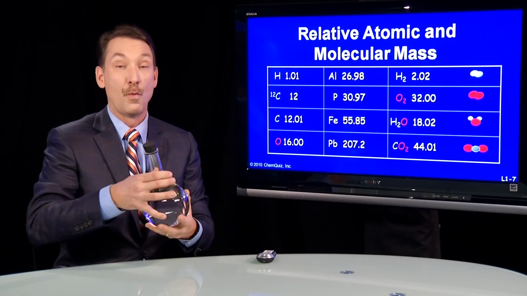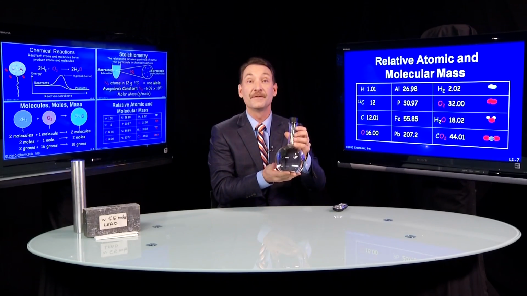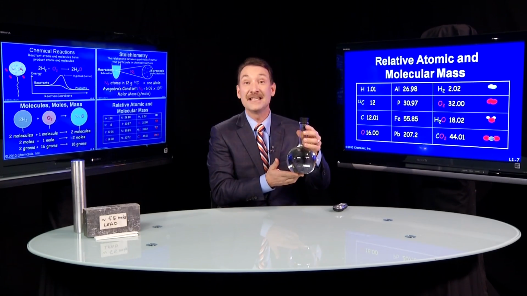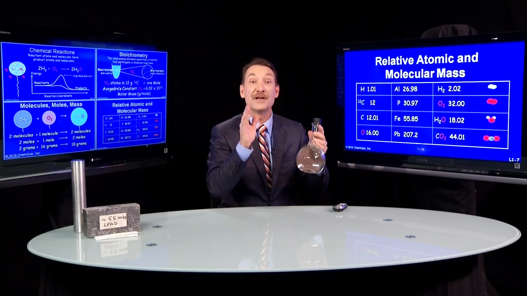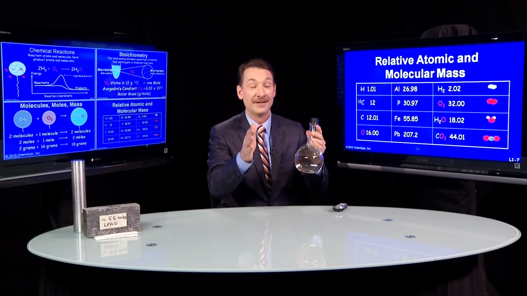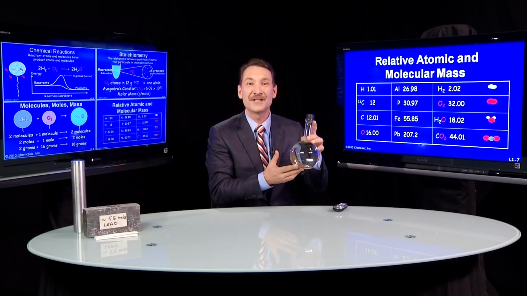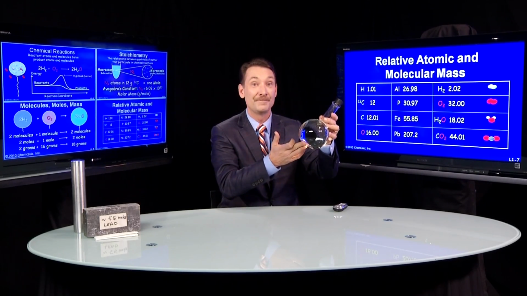Here's water. Now, water, 55 moles, is 55 times 18 grams of water. But the cool thing is, here's 55 times 18 grams of water, and I know how many particles are there. There's 55 times Avogadro's number, 55 times 6.02 times 10 to the 23rd particles in here.